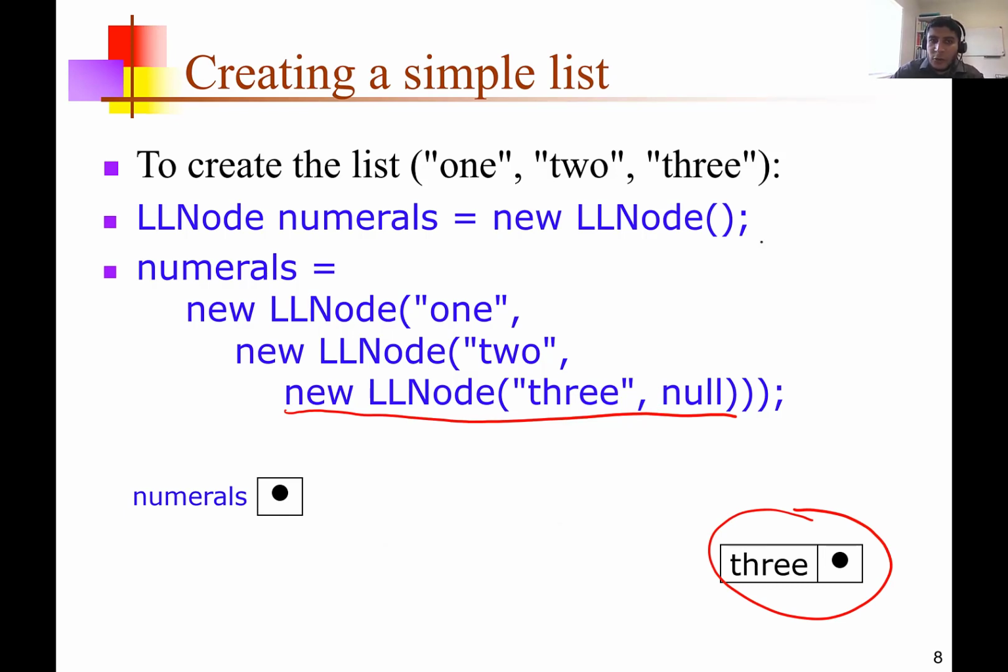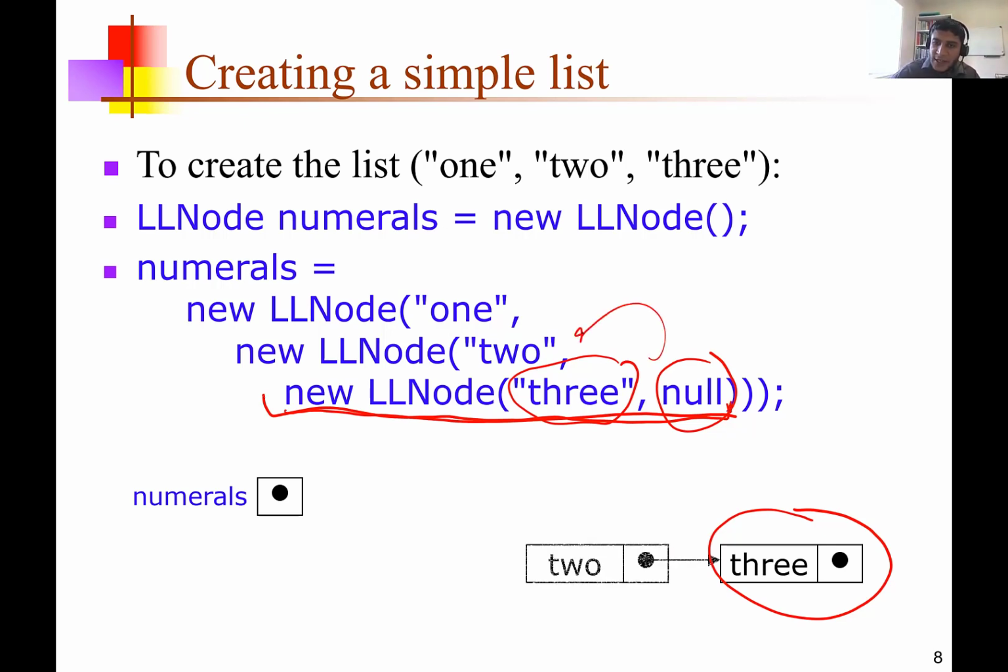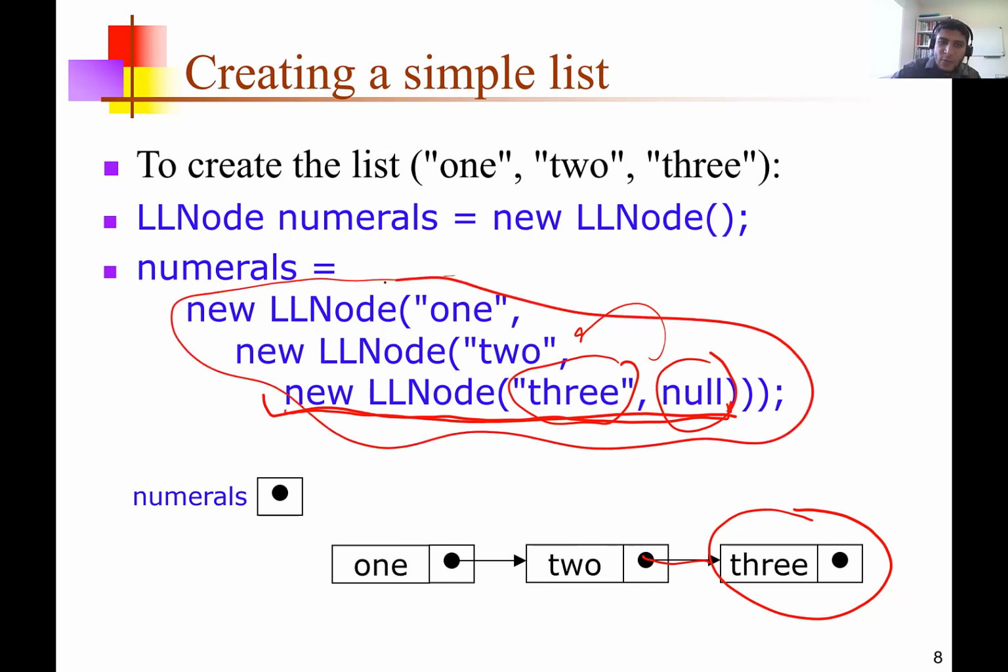Remember that the LL node constructor takes two values, an object of LL node and a value, right? Here is a string value. So I'm passing all of this, which is also an object of LL node, to another constructor, which is the one that has 2, which means I'm making 2 point to 3. Then finally, I'm passing 2 to 1, so 1 is pointing to 2. And finally, all of this, I'm passing to my numerals, which is the reference to the first element.